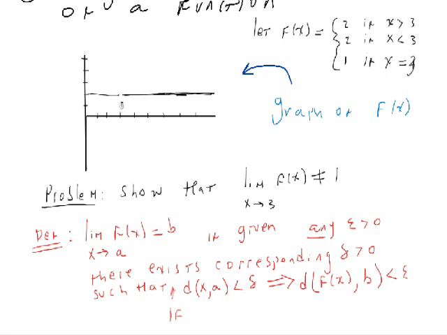We have an arbitrary choice of epsilons, but we're going to choose an epsilon of smaller distance than the distance from here to here. So an epsilon that we'll use is epsilon equals 1/2.